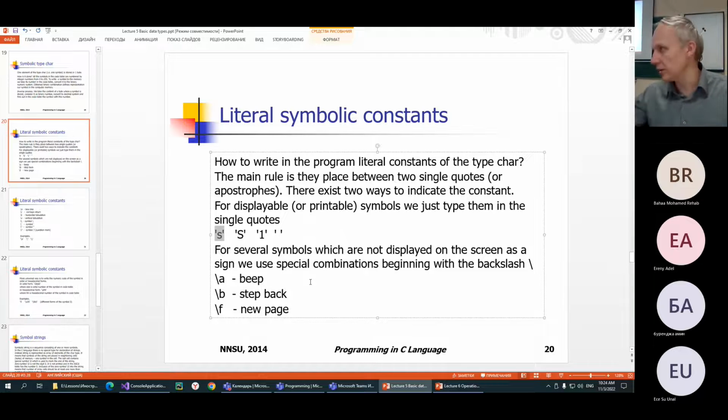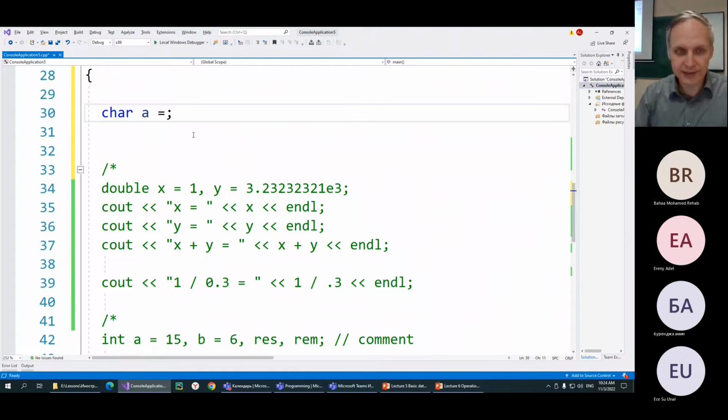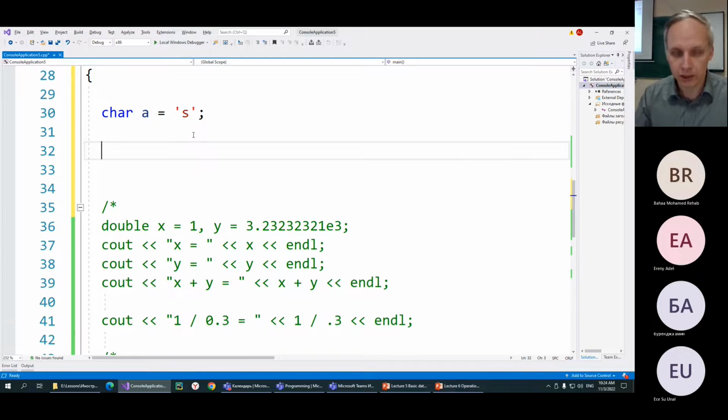Something written inside single quotes will be considered as a symbol. So I can assign to a something written in single quotes. For example, a equals 's'. Now the variable a has the value s. The symbol s is written to a.